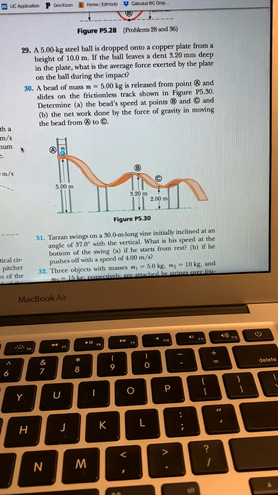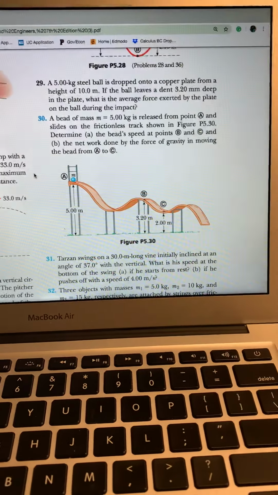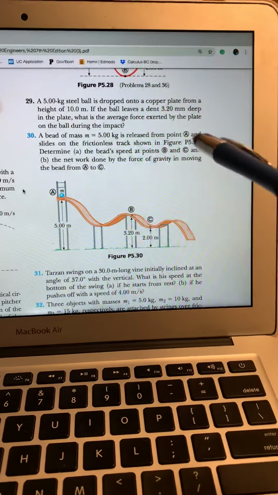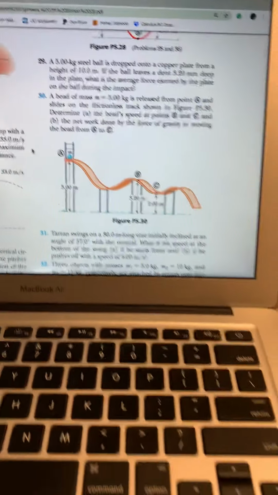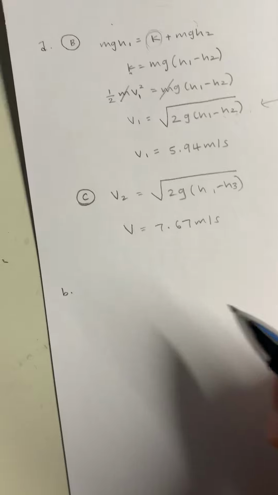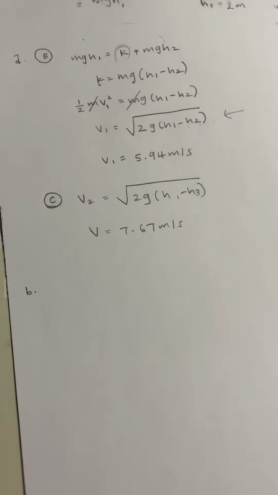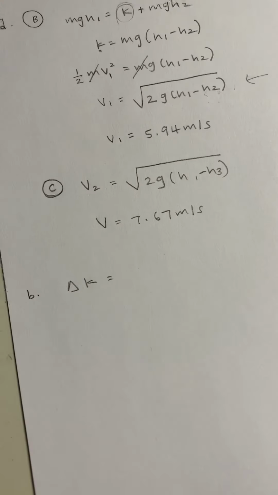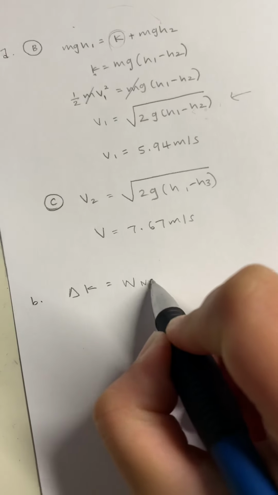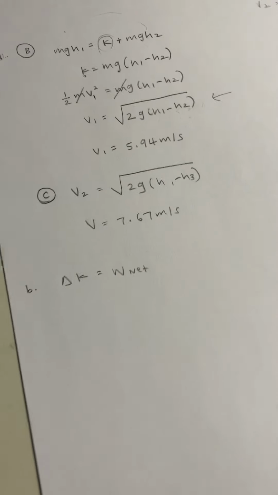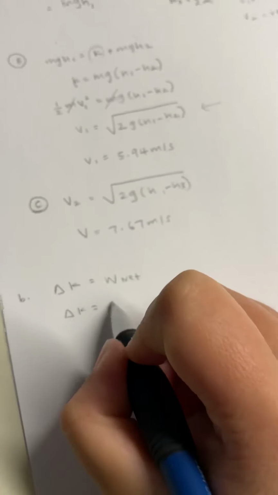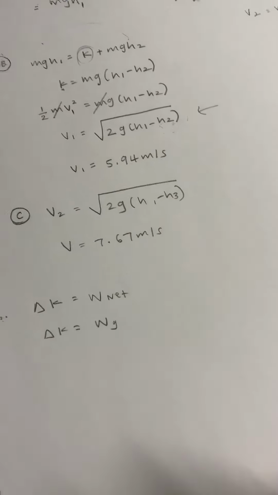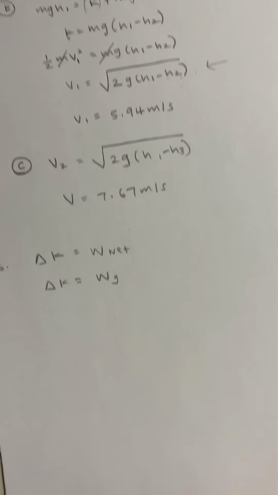Because it says it's frictionless, there's no friction, and the only force they mention is gravity, so you can assume that the net force is gravity. That means the change in kinetic energy is equal to the work done by gravity. So then you just have to solve for that.